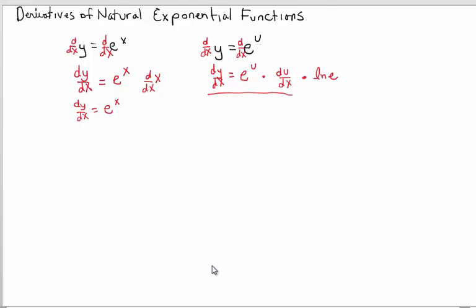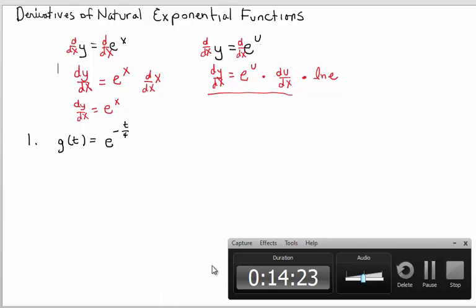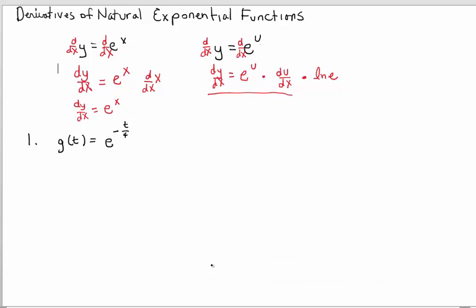So our objective is to find the derivative for each of these. You can bring in the derivative operator if you want. Otherwise, we're just going to go right to saying, I'm finding the derivative g prime.